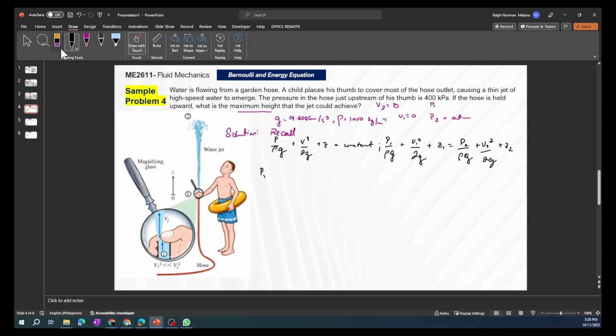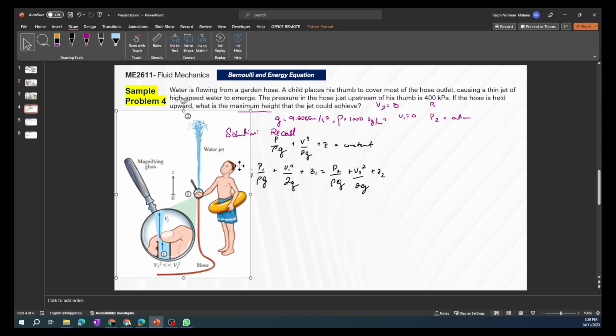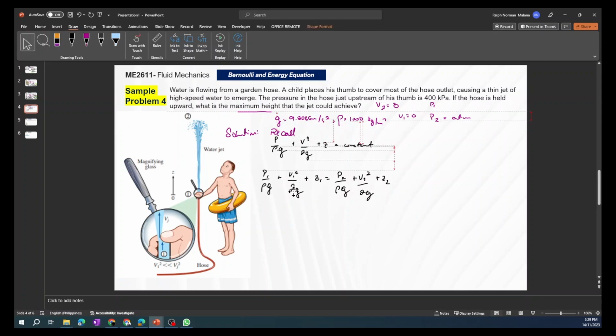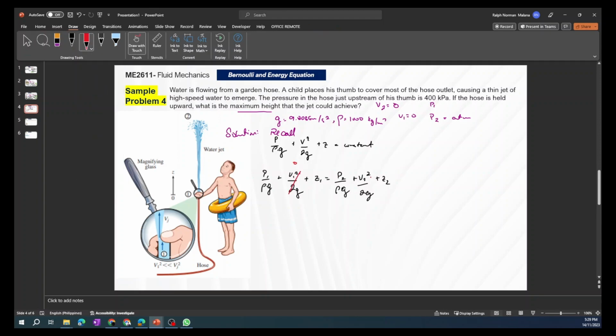Okay, so what will happen now here is our P1. Let's just put everything here, quite enough space. We know that P1 is gauge 0 here, and P2 is 0 at maximum height.